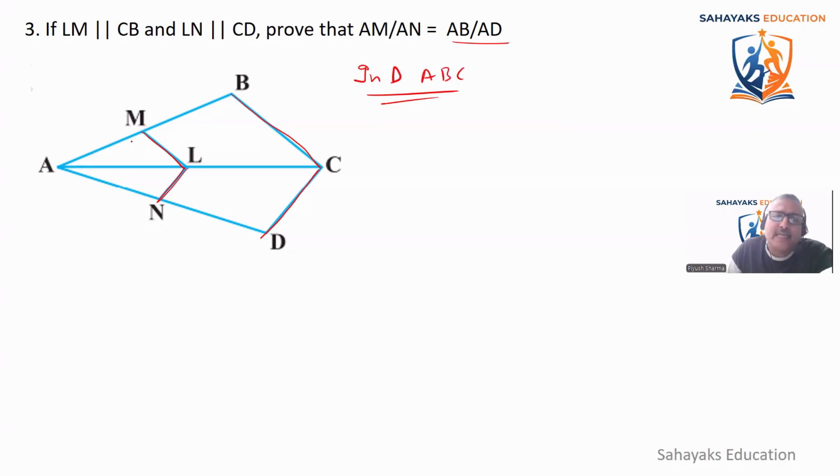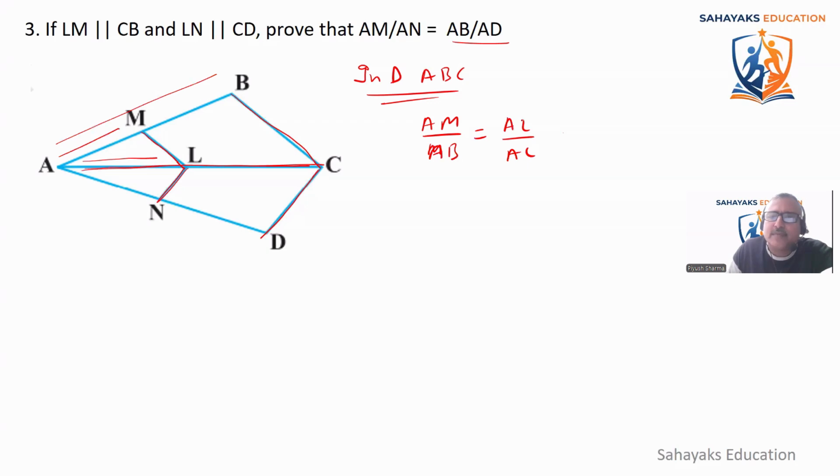Because ML is parallel to BC, we know that AM by MB... now we should actually directly take it. Because these two triangles are similar, I can say this divided by this is equal to this divided by this. So let's say AM by AB should be equal to AL by AC.